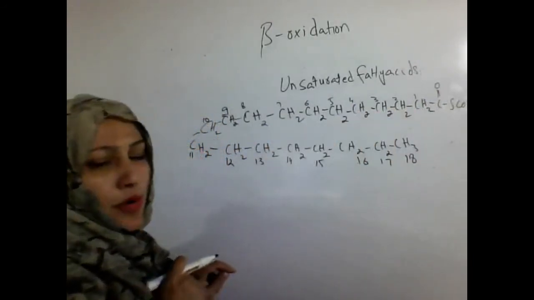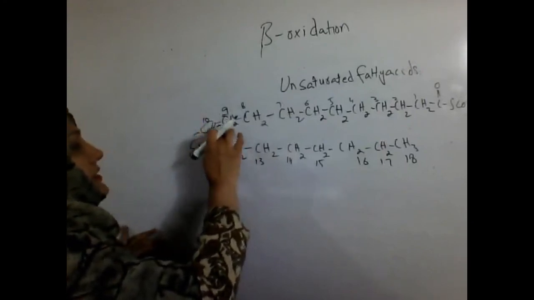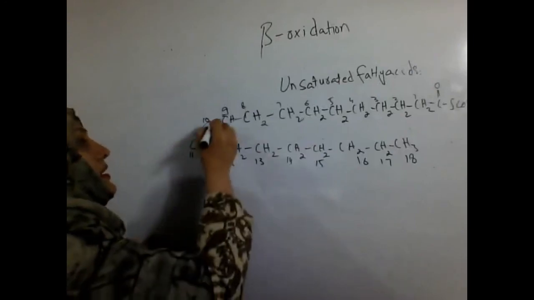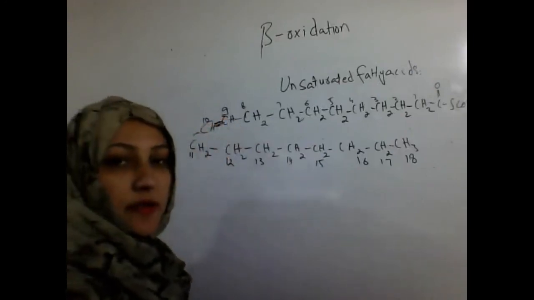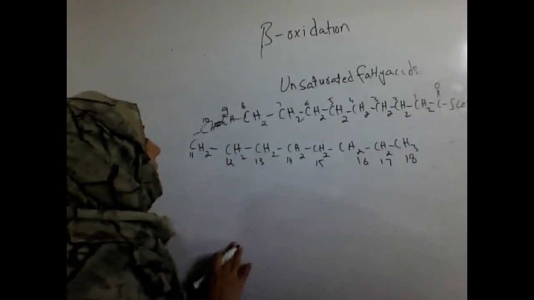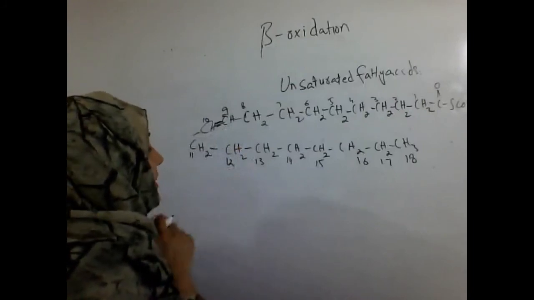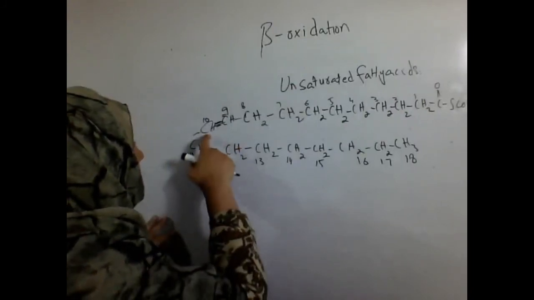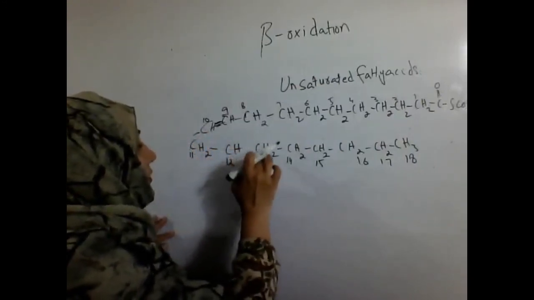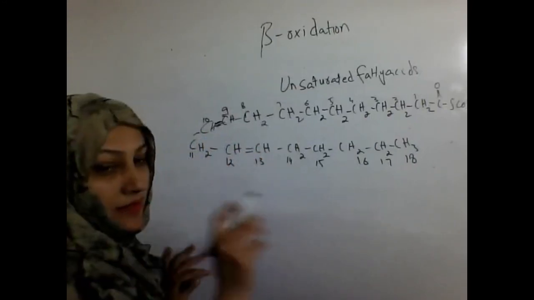Here the double bond in case of oleic acid is between the 9th and 10th position. If the bond is present between the 9th and 10th position, then it is called oleic acid. And when the other bond is present between the 12th and 13th, then it is called linoleic acid.